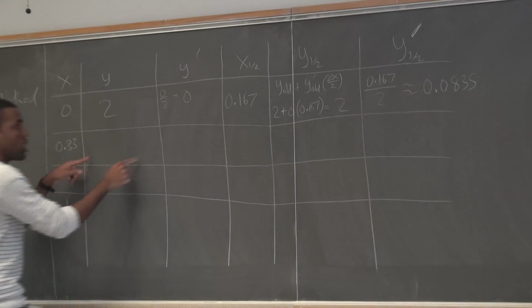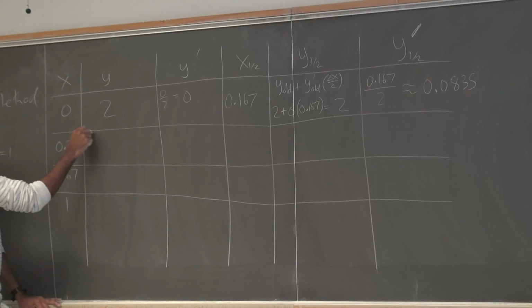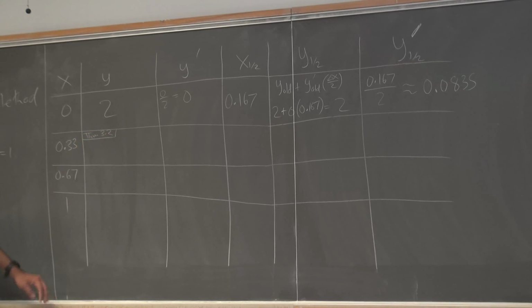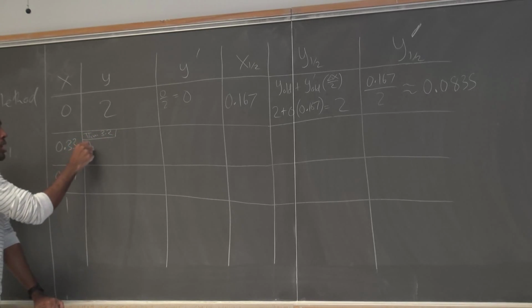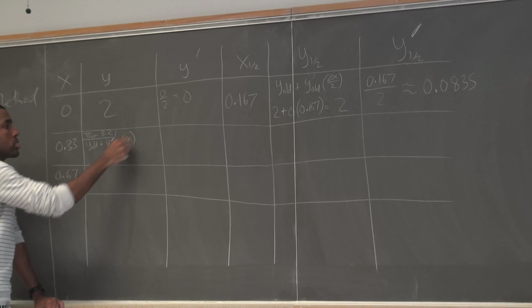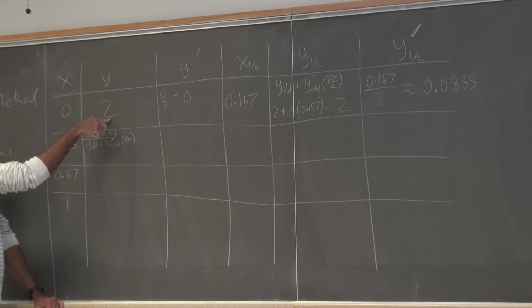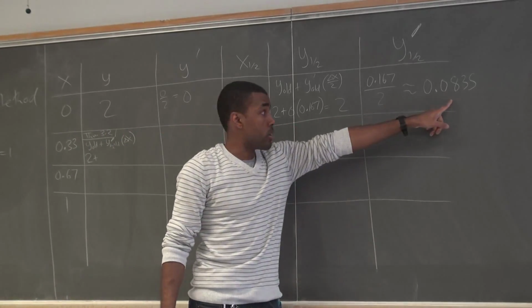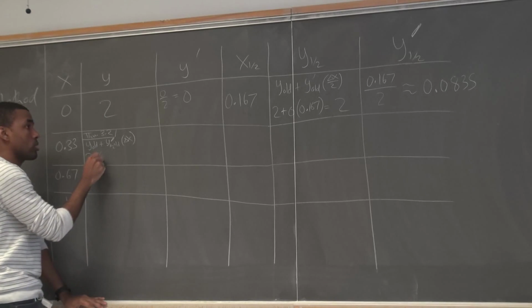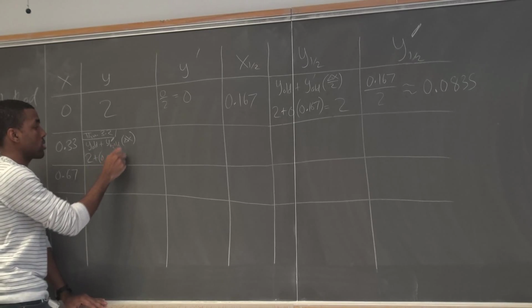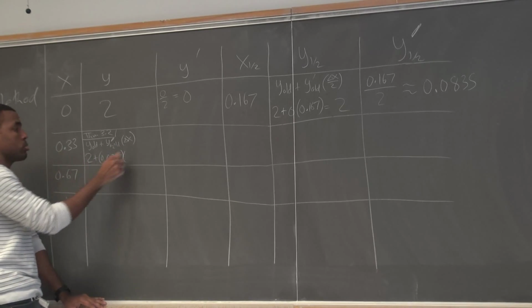Now to get this y, I'm going to use theorem 3.2. So I take the y old plus the y half prime times delta x. So it's the old y, which is 2, plus this y prime, the last one I figured out, times my delta x, which is 0.33.